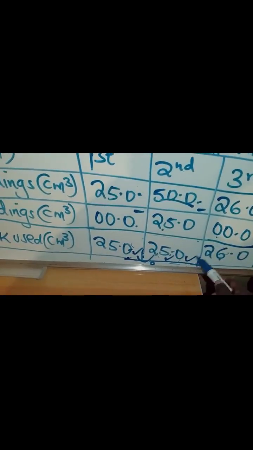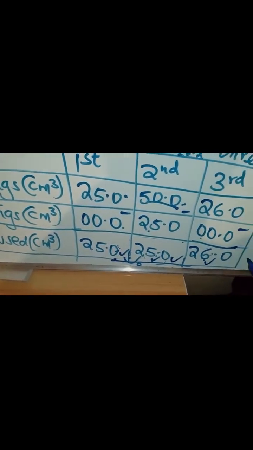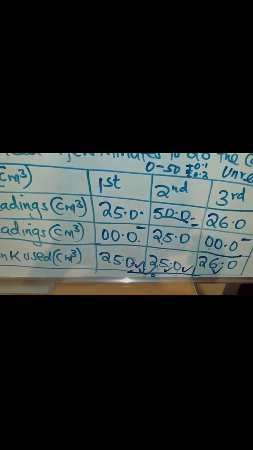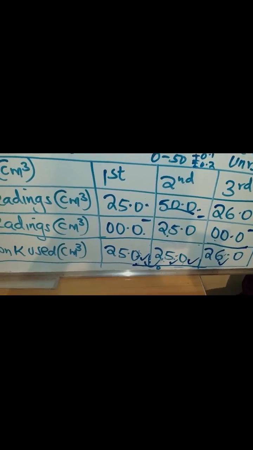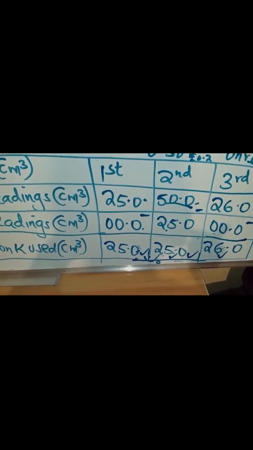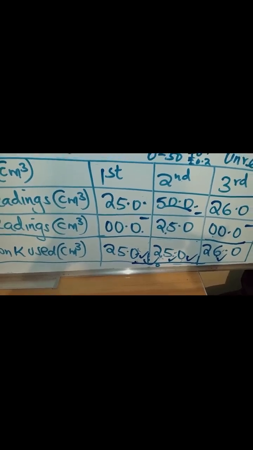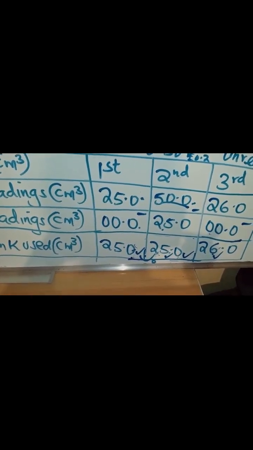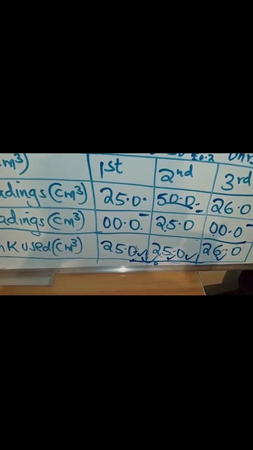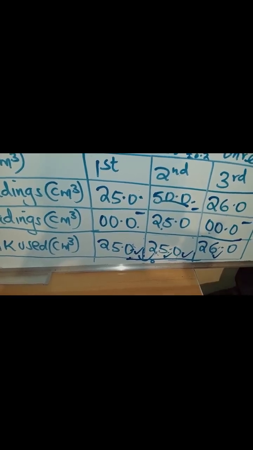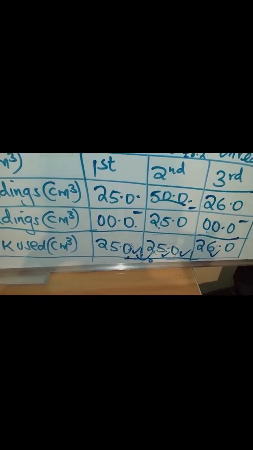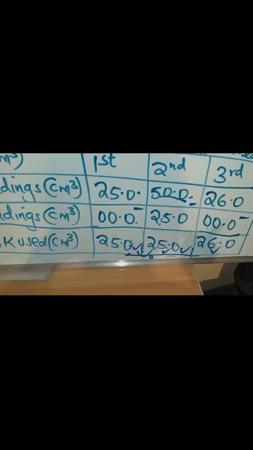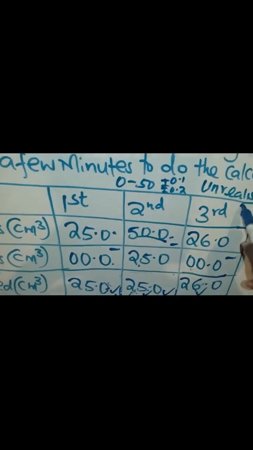From 25.0 to 26.0, the difference is 1.0. And that difference is so big, because remember, the smallest difference that you should have is plus or minus 0.1, and the biggest difference is plus or minus 0.2. But now between 25.0 and 26.0, the difference is one whole number, so the difference is so big, so you ignore this one.